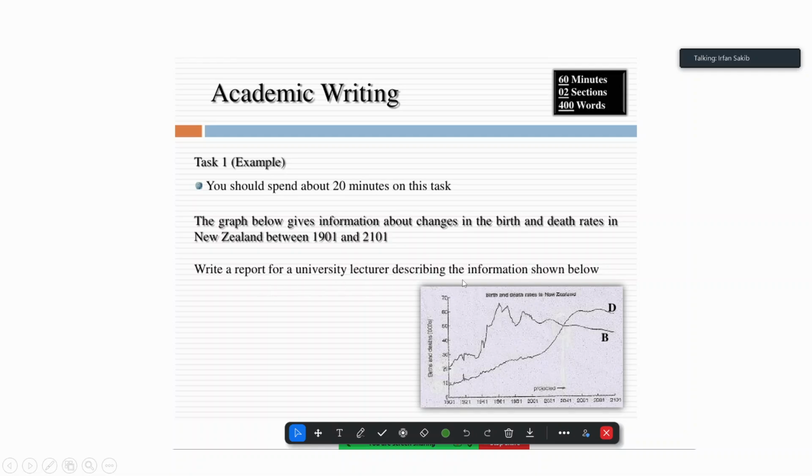You have to write a report for a university lecturer describing the information below. Can you see everything here? The birth rate is represented by B and the death rate is represented by D. As you can see, it is a multiple line graph, with two lines here. Is that clear? The years are on the x-axis and the death rate is on the y-axis.